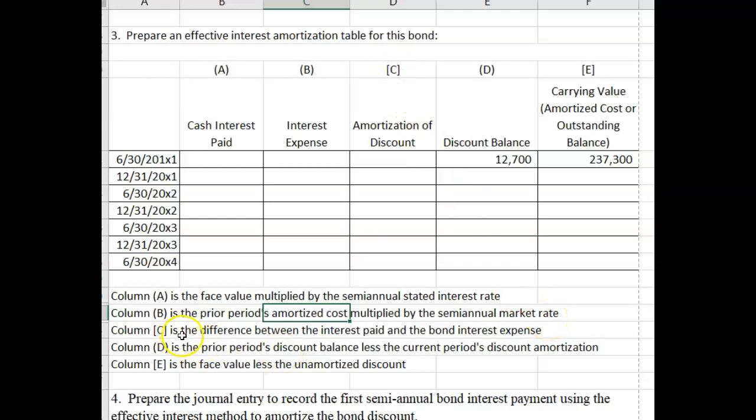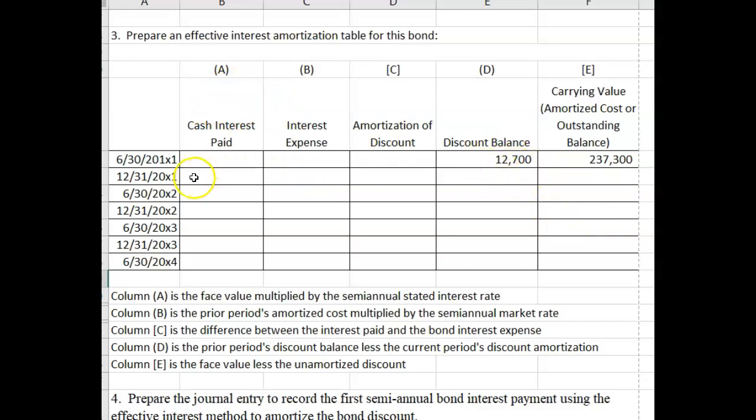Column C is the difference between these two. Take your interest expense, subtract the interest paid, and that's your amortization of the discount. Column D is the prior period's discount balance minus the amount you calculated here. And column E is the face value, $250,000, minus the unamortized discount.